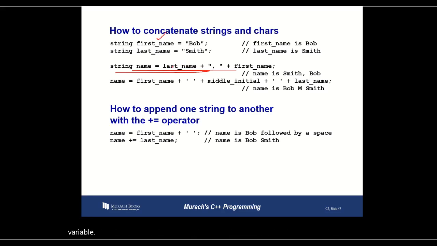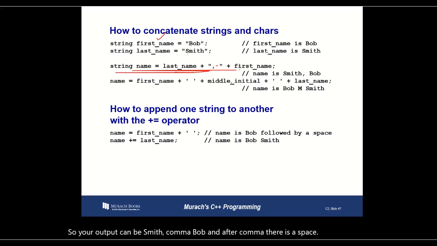So you write last name, plus, and then you explicitly pass a string like comma and space. Space is also a string. And then you write the first name, which is, well, the last name is Smith and first name is Bob. So your output can be Smith, comma, Bob. And after comma, there is a space. Okay. So you can do it in this way as well.